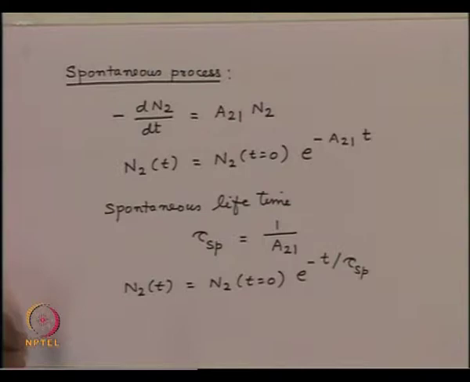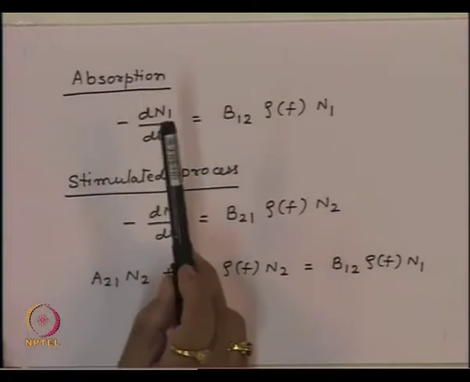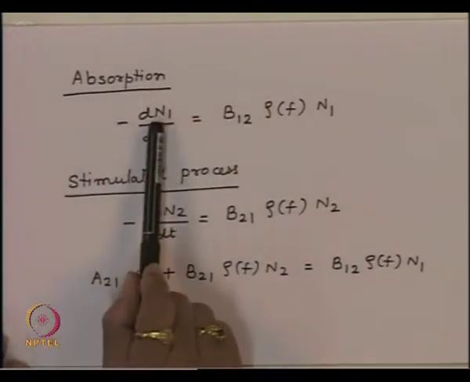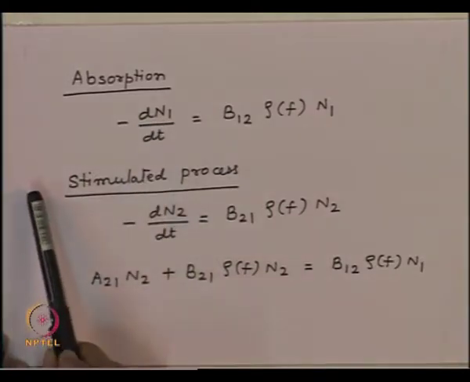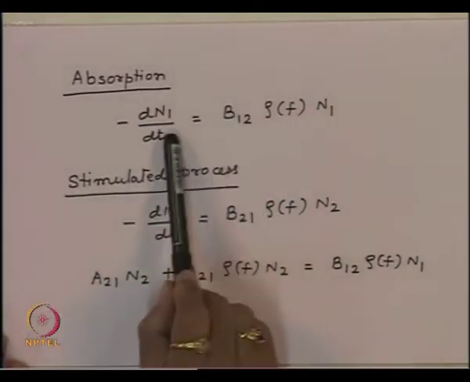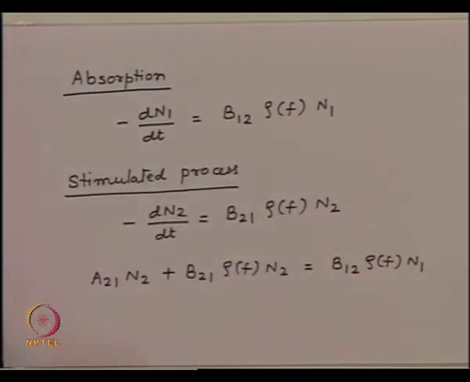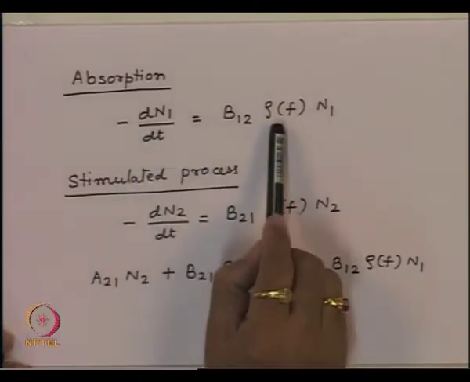A similar exercise we did for the other two processes, the absorption process and the stimulated process. Here the rate of depletion of electrons in the lower energy state will be equal to this transition probability, which is given by this constant B12, but this process also depends upon the photon flux.